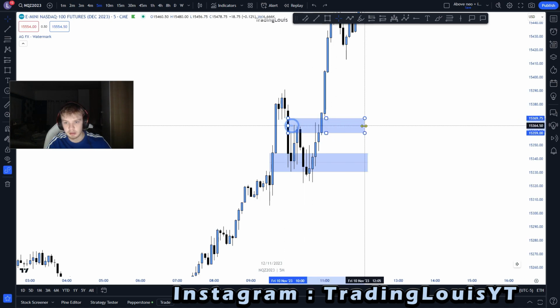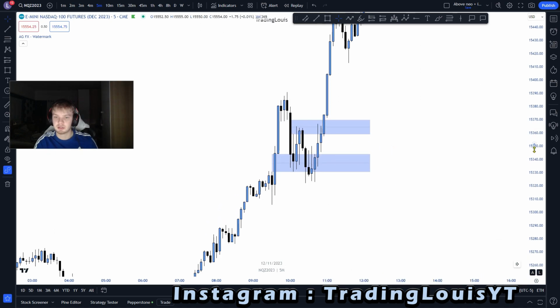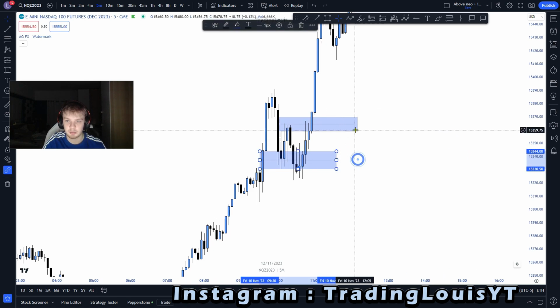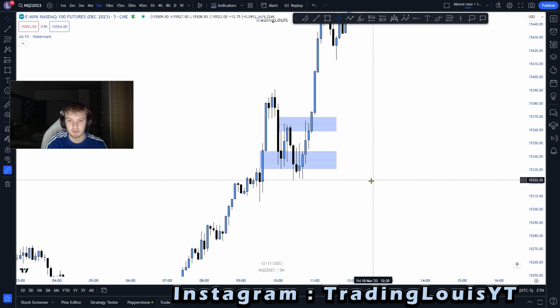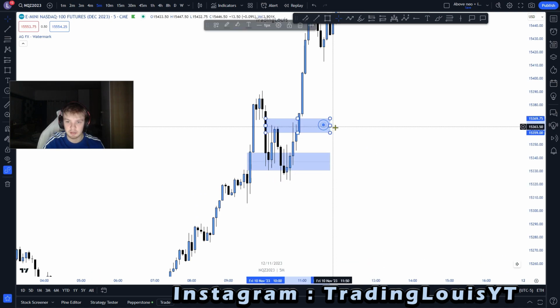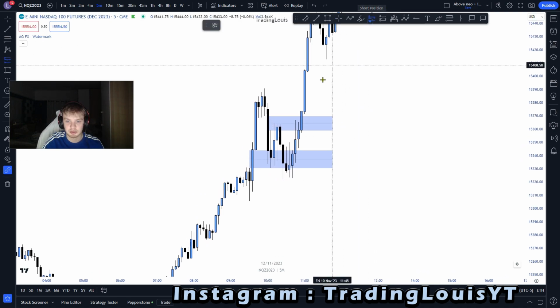Now, there are two possible trades that we could enter with these. We have this potential short setup here.